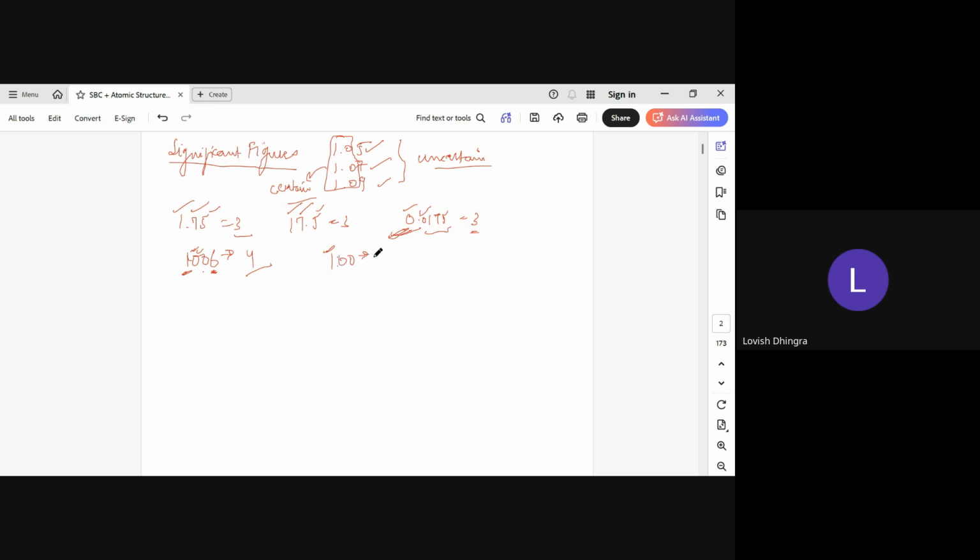That's why it will have 3 significant figures. The condition is that it should be present on the right side of the decimal point. Then if I have 0.060, then 2, yes. These zeros will not be counted. You will count only 6 and this 0, so 2 significant figures in total.